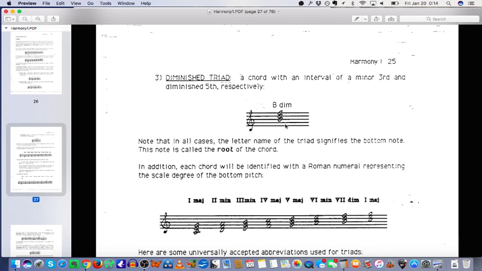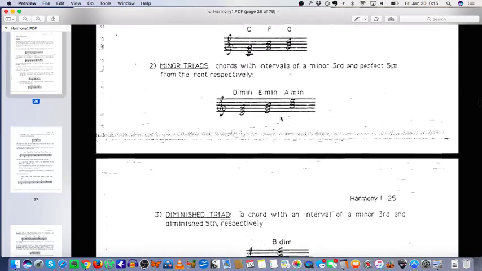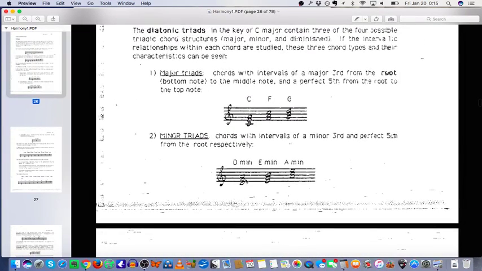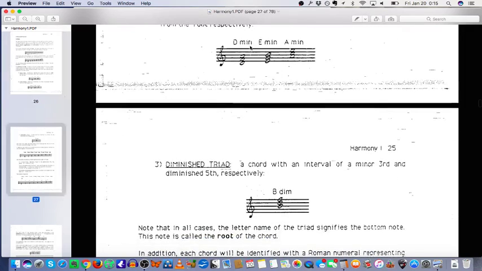This occurs on the 7th degree of the scale. So in the key of C major, that's B, and we have a diminished triad there, meaning it is built on a minor third and another minor third, 2 minor thirds with a diminished fifth on the outside. Now the minor triads have a perfect fifth on the outside. Major triads have a perfect fifth on the outside as well.